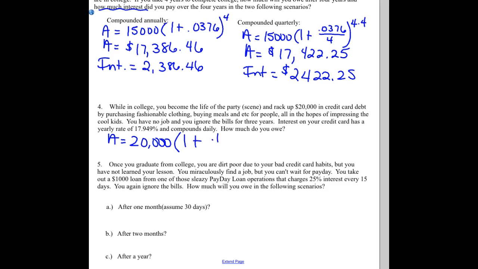Okay, so 0.1794. It's compounded daily, which means we're going to be dividing by 365. And we said we're going to do this for 3 years, but 365 times every year for 3 years, right? All right, let's figure out what that is.